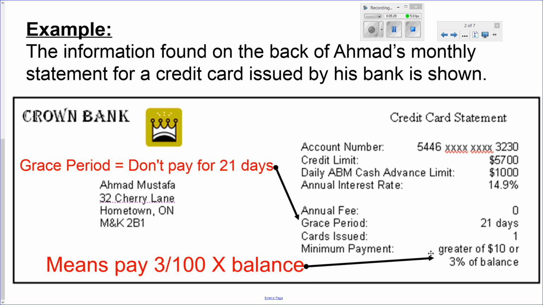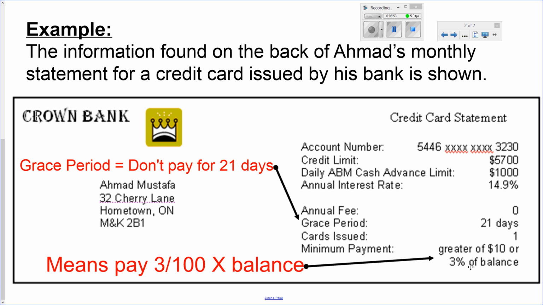When you take a look at this part here, where it says we have to do the minimum payment, they tend to have a minimum payment of $10 or 3% of the balance. So let's say that you had less than $10. They kind of want you to get rid of that balance as quickly as possible. They don't want you to carry a balance of $9 on their credit card, right?